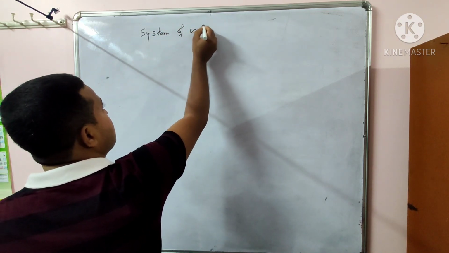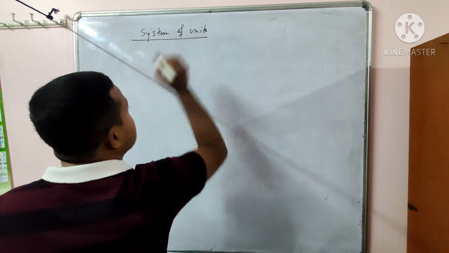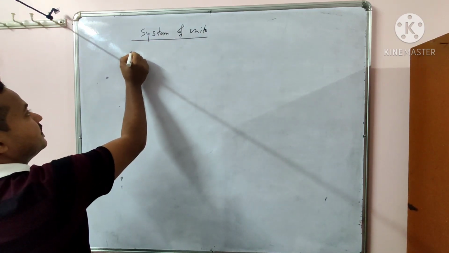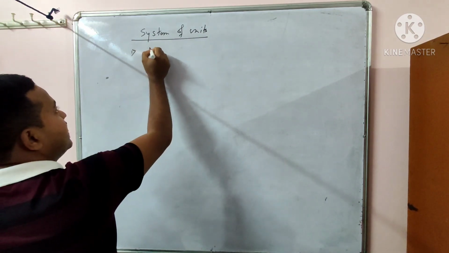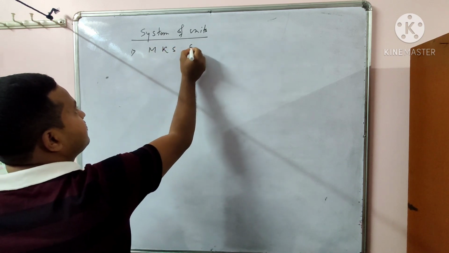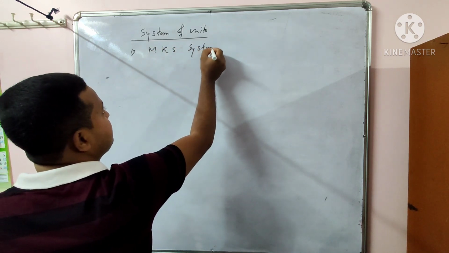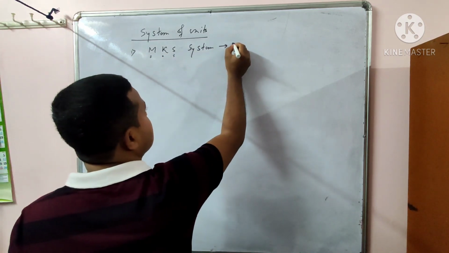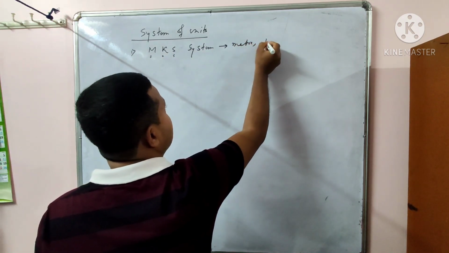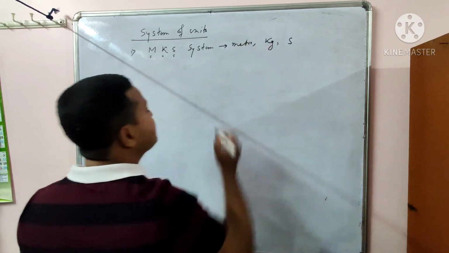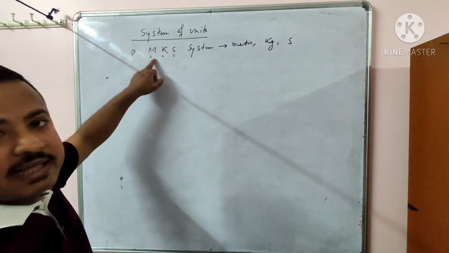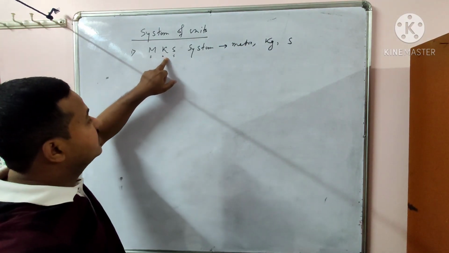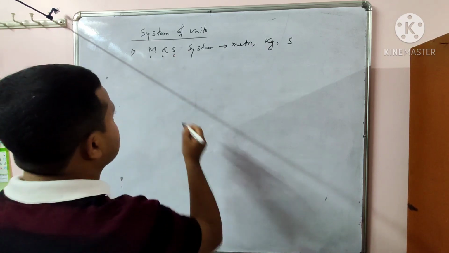System of units. Now we have the MKS system. MKS is simply M for meter, K for kilogram, S for second. Here the unit of length is meter, unit of mass is kg, unit of time is second.